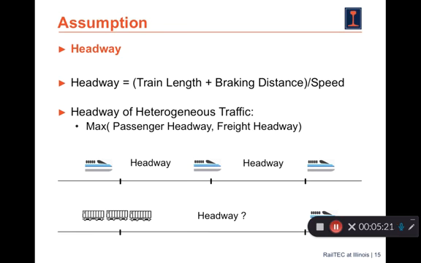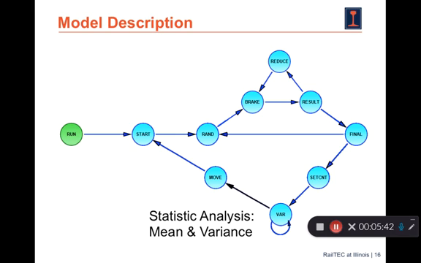The headway calculation depends on the braking distance, train length, and speed. If it is a heterogeneous traffic route, then the headway equals the maximum over the certain types of train.